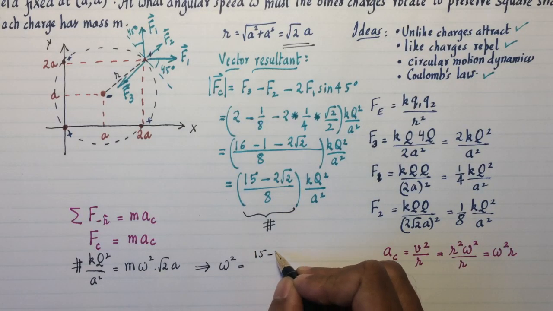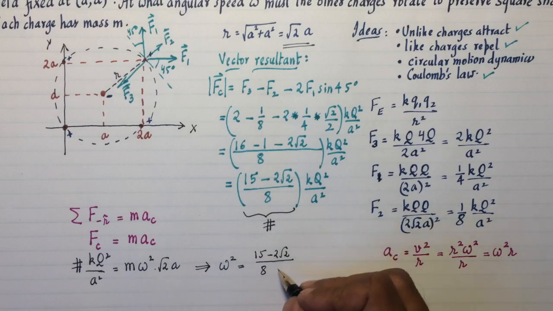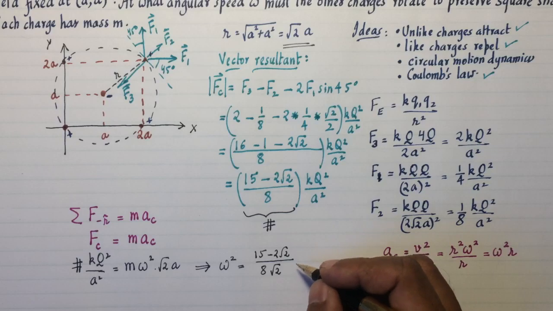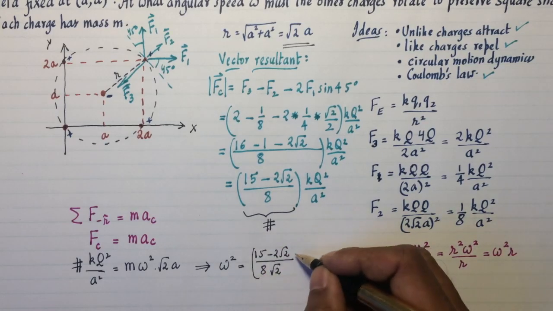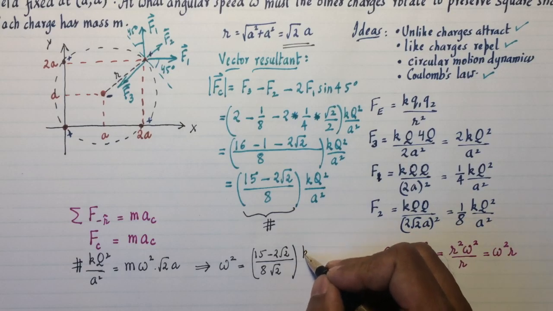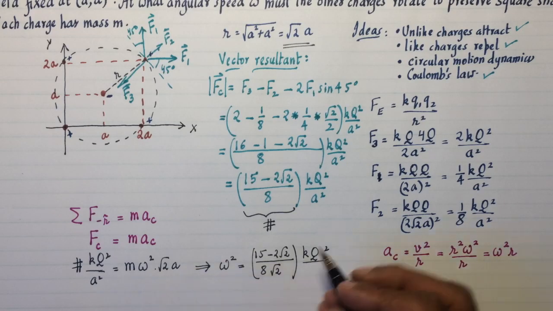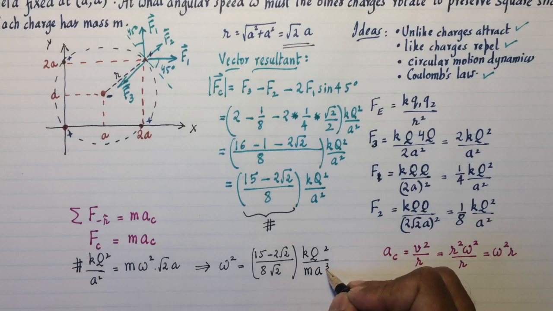That's 15 minus 2 root 2 over 8, and now there's a root 2 that joins it, times KQ squared over A cubed times m.